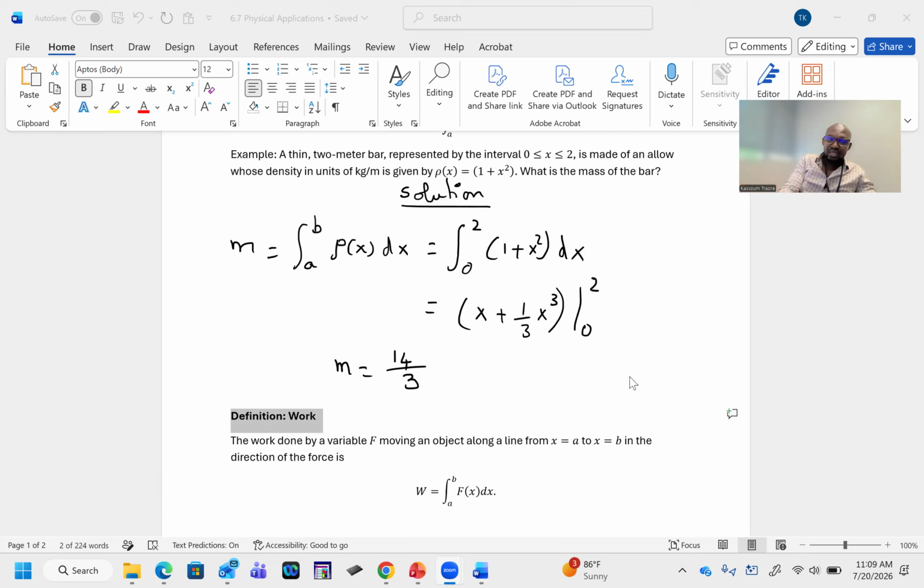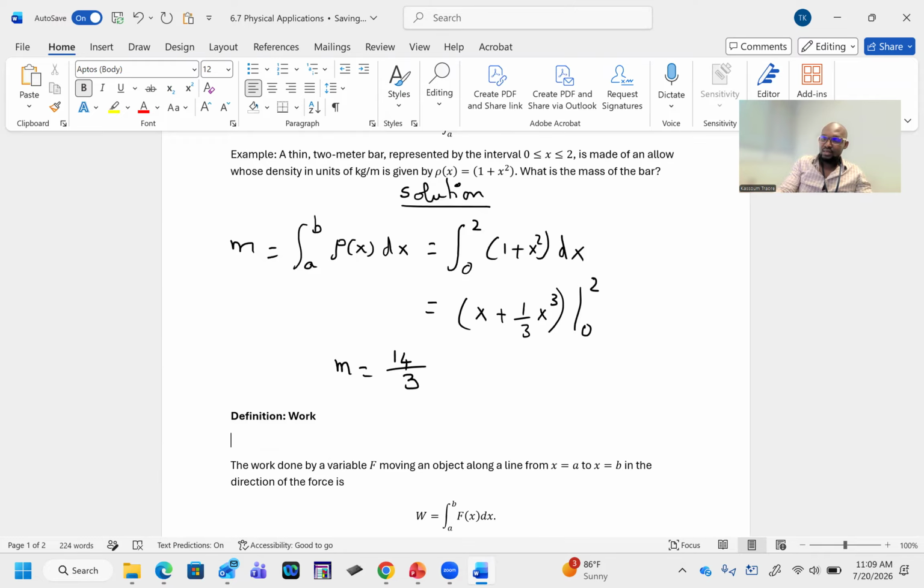So which mean, again, the basic formula for work could be work is equal to force times distance.